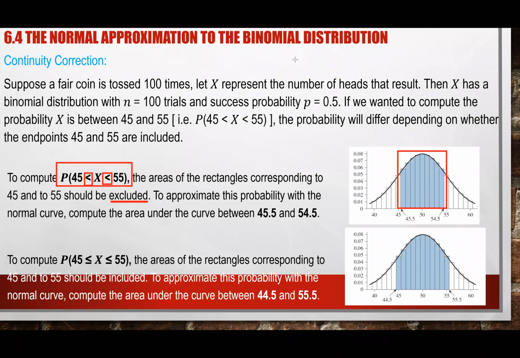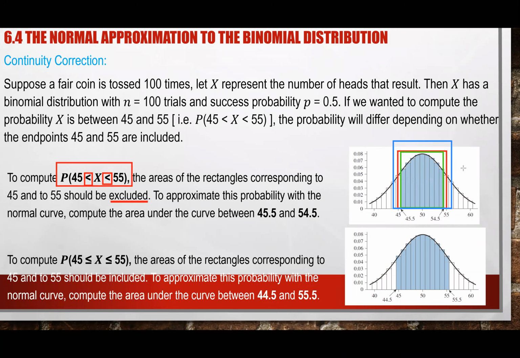Okay, so if you look at this question, let me ask you, if I were to have a green box and a blue box, do you agree that the green box is smaller than the blue box? Obviously, right? So how can you make your area smaller?